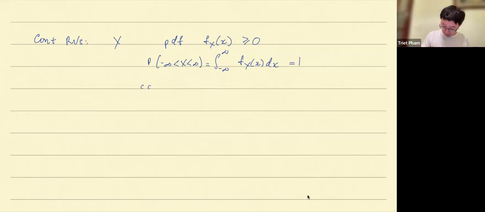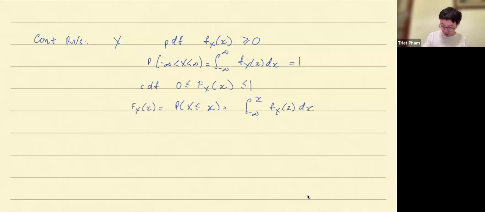Then there's a CDF, which is denoted by this capital F, which is between 0 and 1, and it represents the probability that the random variable takes on a value less than or equal to x.